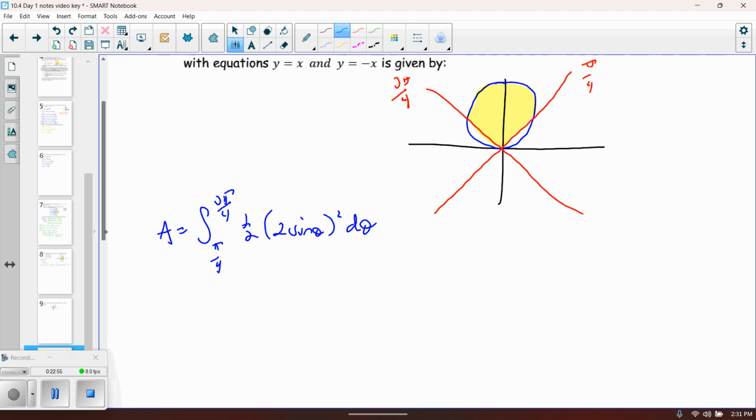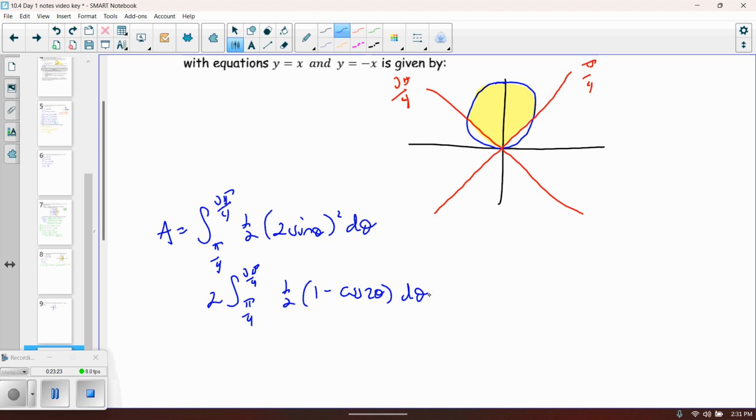You will have to use a reduction formula. Let's go ahead and finish this off real fast. Squaring the 2 sine of theta is going to give us 4 sine squared. The 4 times the 1/2 will give me a 2 to pull out to the front. And sine squared, we're going to have to use a reduction formula on, so that's going to be 1/2 of 1 minus cosine of 2 theta d theta.